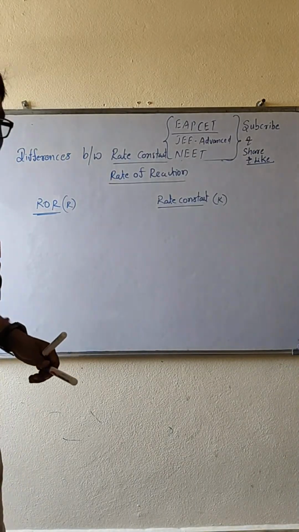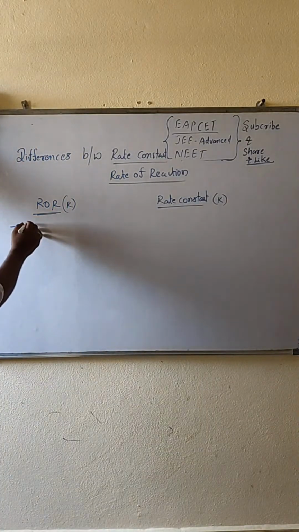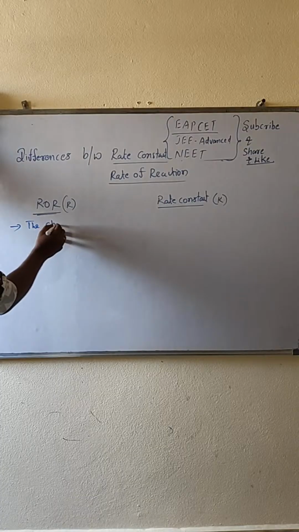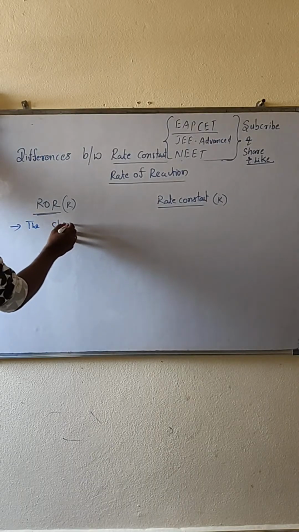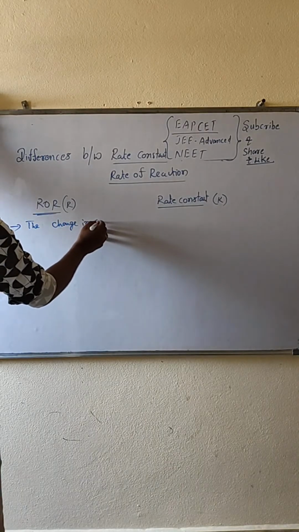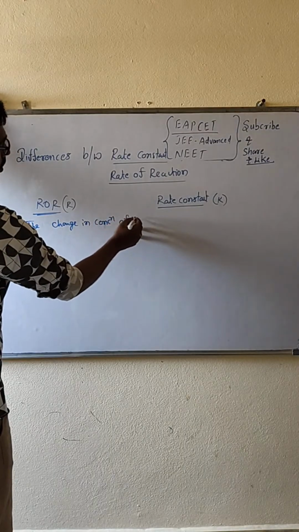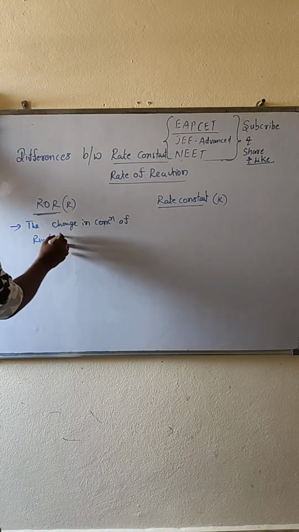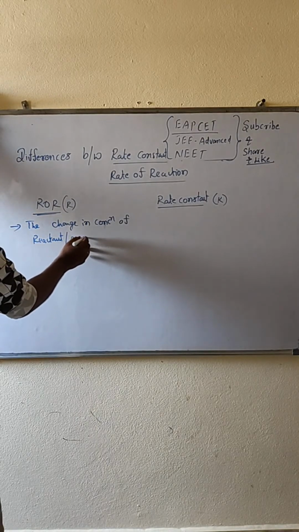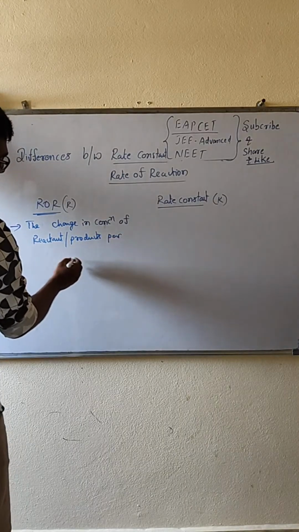How do we generally define the rate of reaction? The rate of reaction is defined as the change in the concentration of reactants or products per unit time.